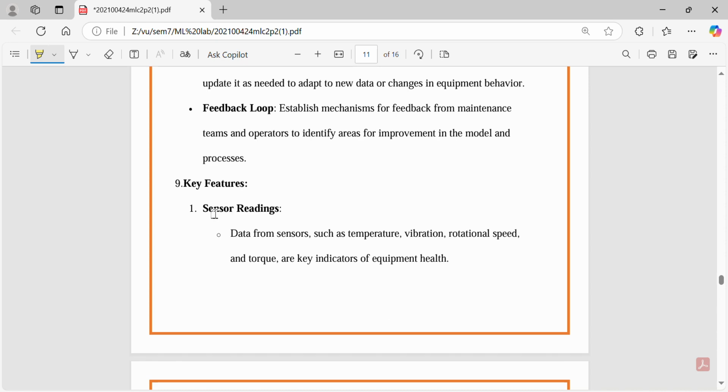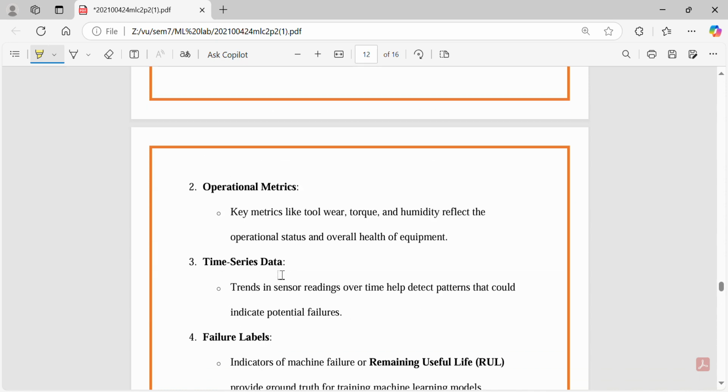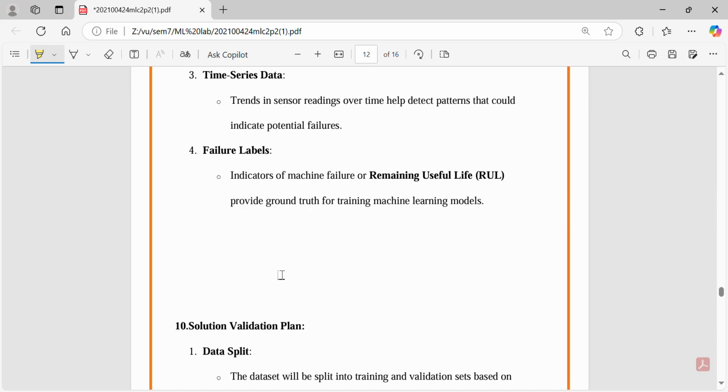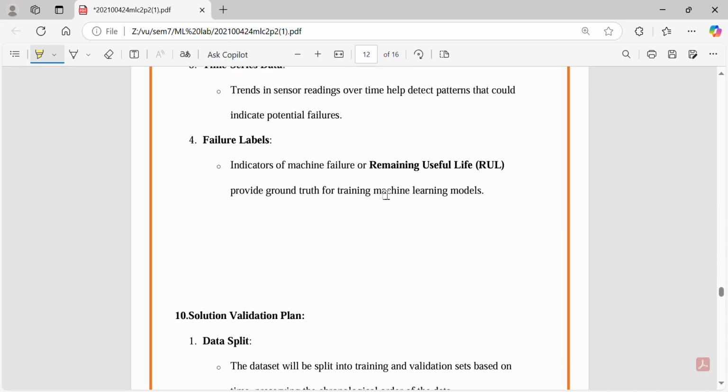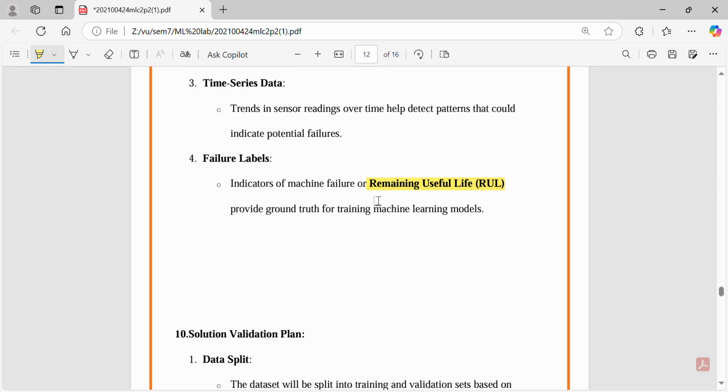Some key features would be the sensor readings, operational and time series data, and failure labels, through which we can estimate the remaining useful life of the system.